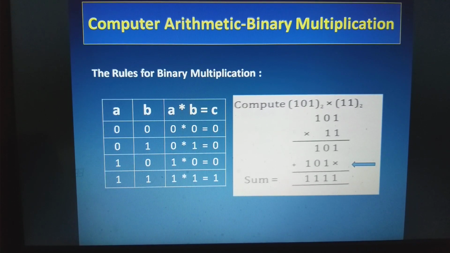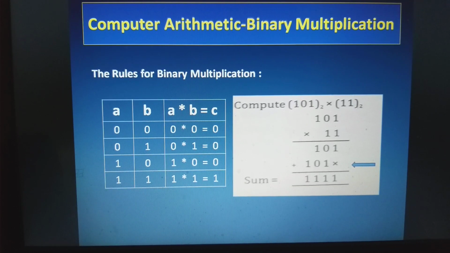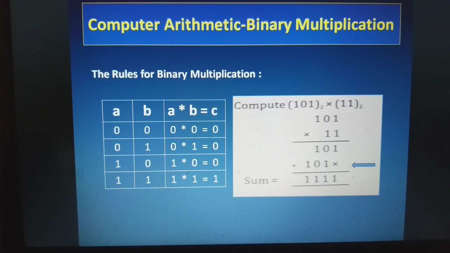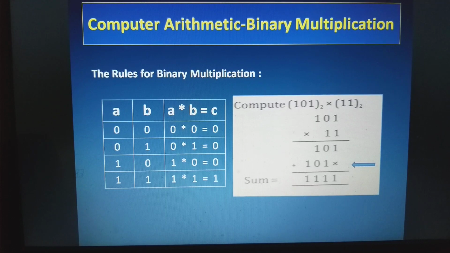In the line shown by the arrow, again 1 into 1 equal to 1, 1 into 0 equal to 0 and 1 into 1 equal to 1. Now after adding, we get 1 1 1 1.